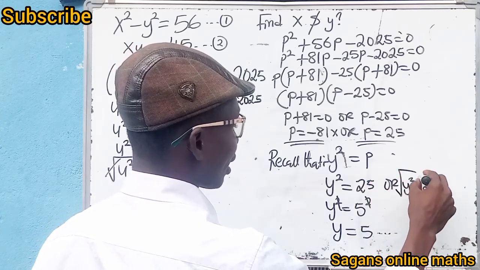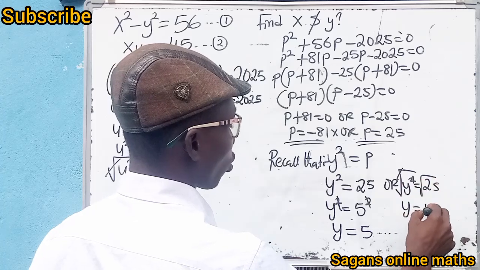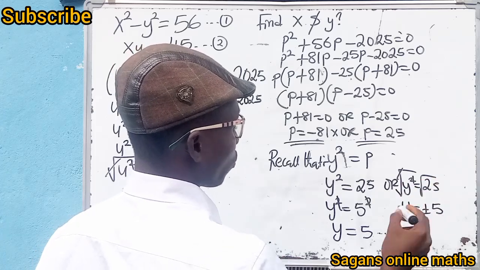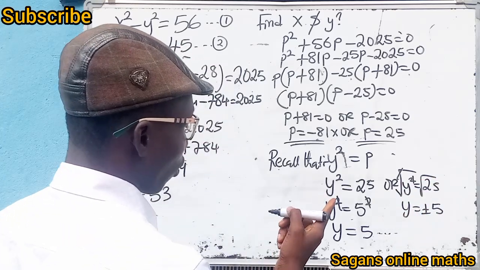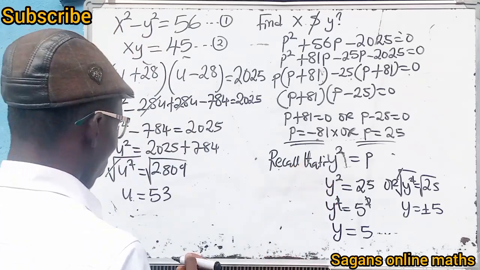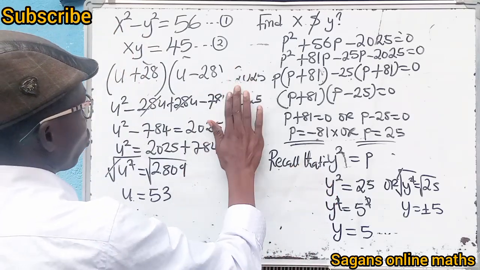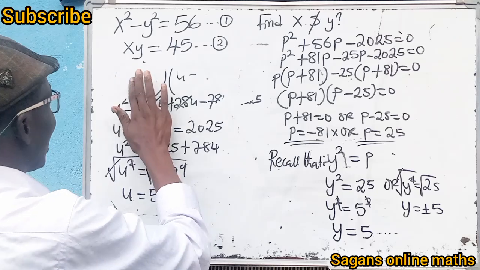Taking the square root of both sides, that means y is equal to plus or minus 5. Now we are getting the value of y, and we also need to find the value of x.